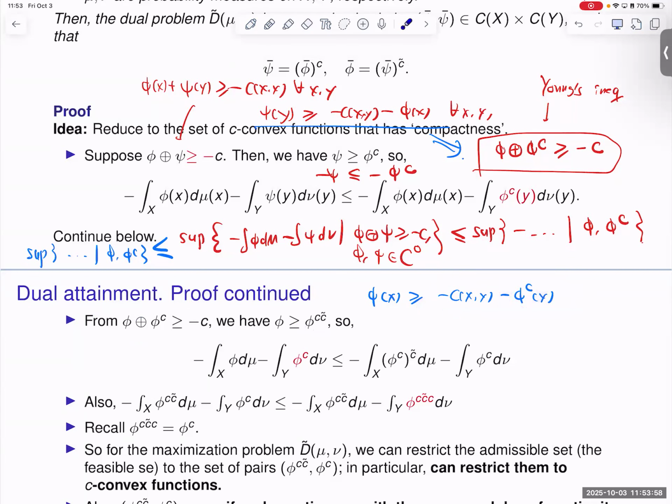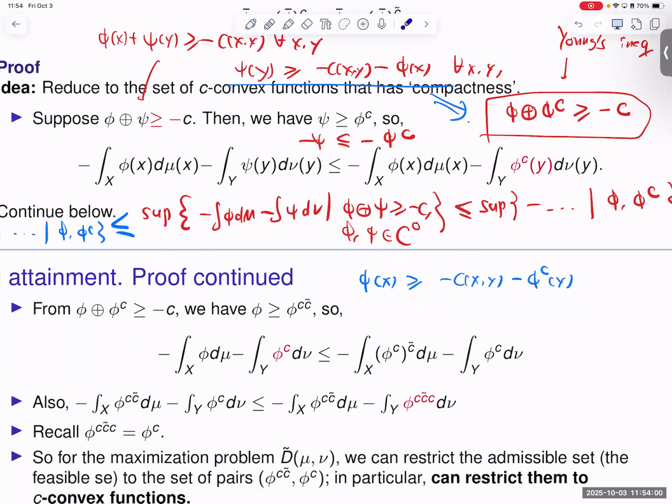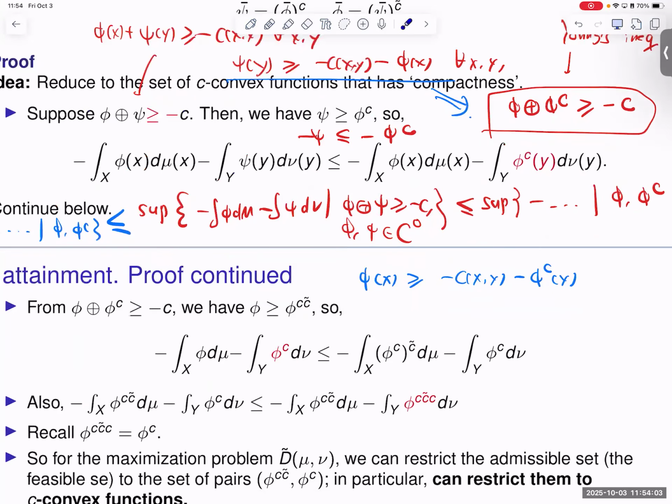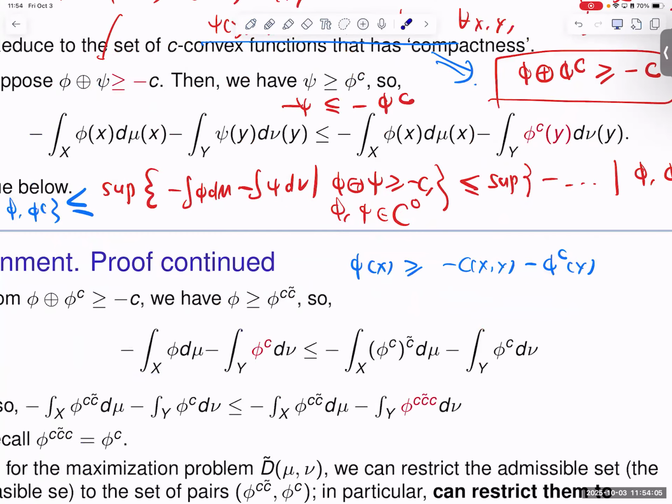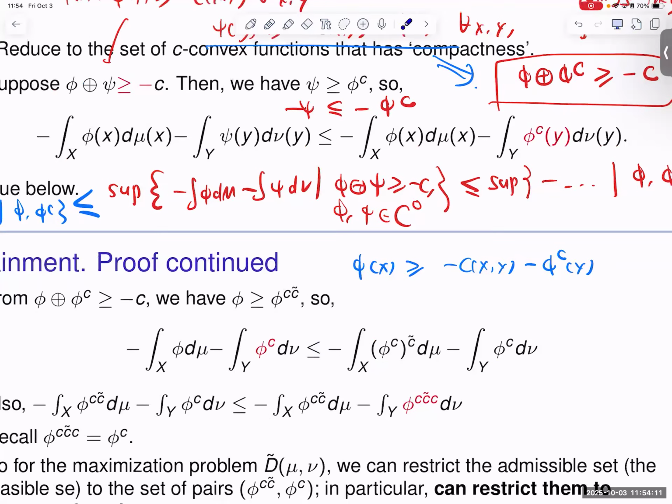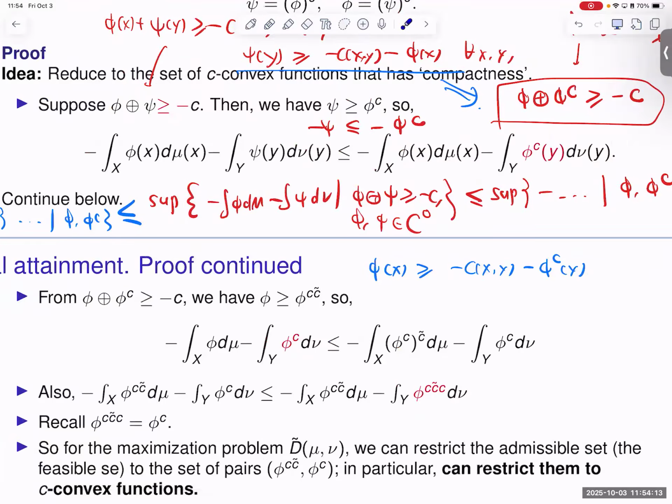Okay, fine. Then this expression can also be further bounded by this expression, and you can do the same thing again. Then this expression can also be bounded by this expression. And along the way, all such pairs given here are admissible.